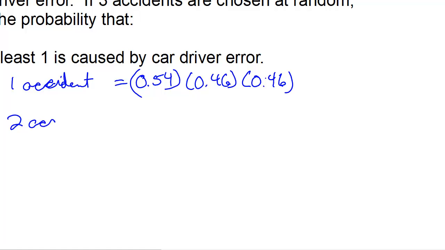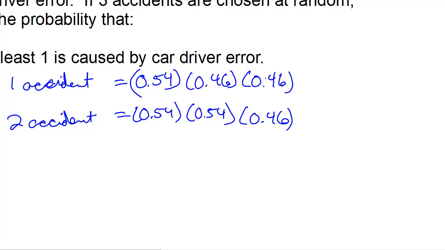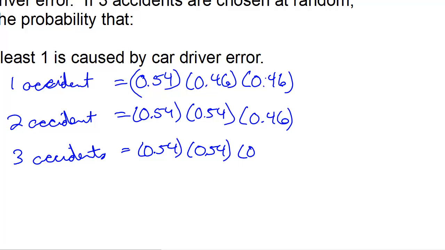Two accidents would also be included in this. So that would be this. Two of them are caused by driver error and the third one's not. Or it could mean three accidents are caused by driver error. So that would be 0.54 times 0.54 times 0.54.